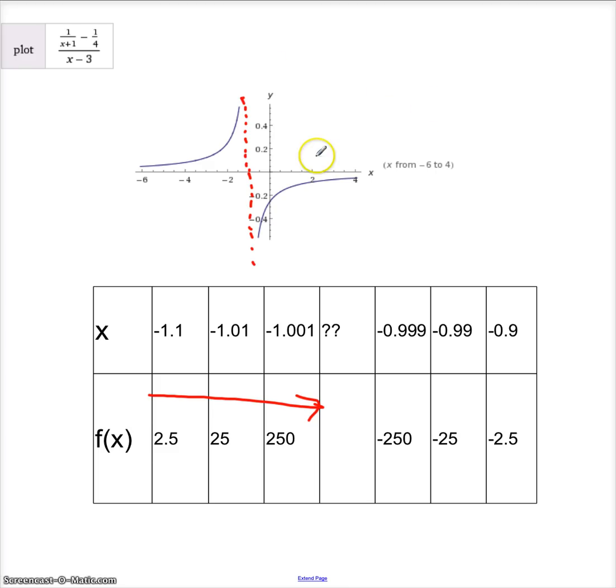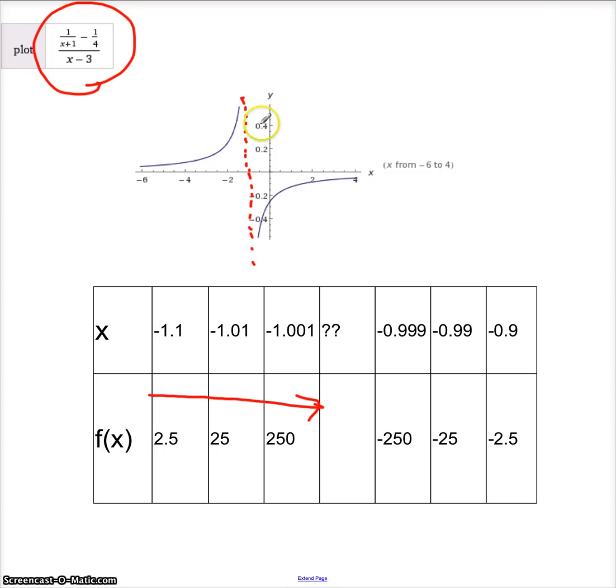Now, I want to point something out really quick here. The function graphically shoots off to infinity at -1, but if I look at this right here, I'm going to think that it's going to have an issue at x equals 3. So you need to make sure you simplify these before you start working with them.